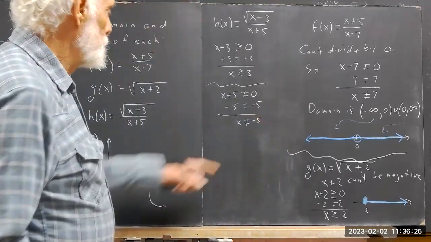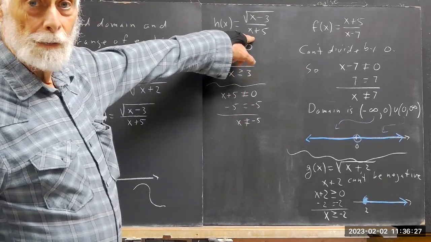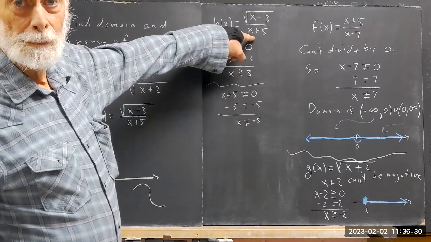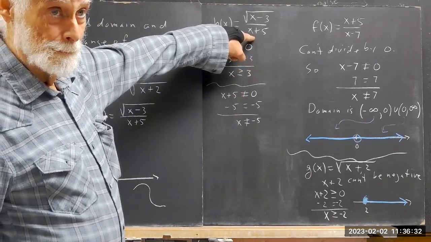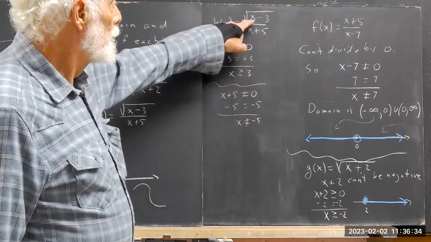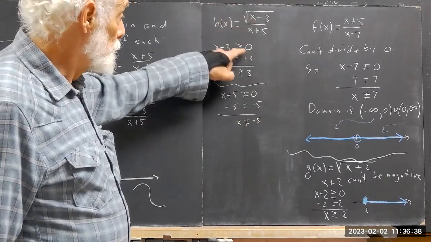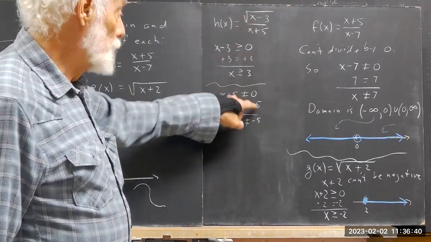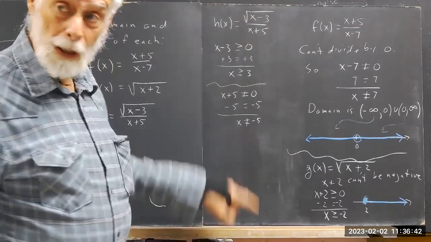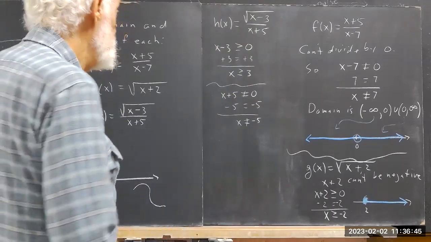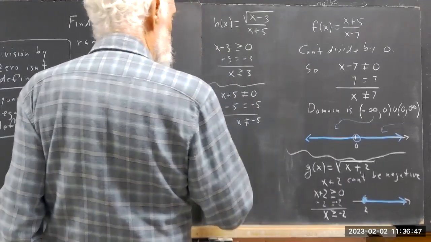And that's common sense. If x is equal to -5, you're dividing by 0. If x isn't greater than or equal to 3, this is negative, and you can't do the square root. So simply write down these inequalities or non-equalities automatically.